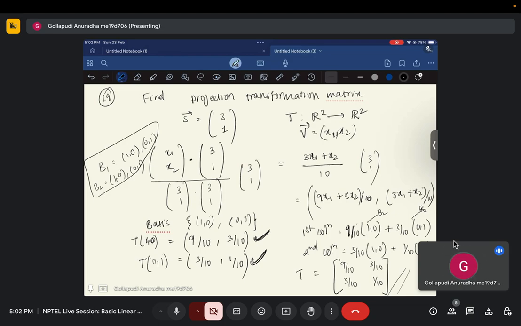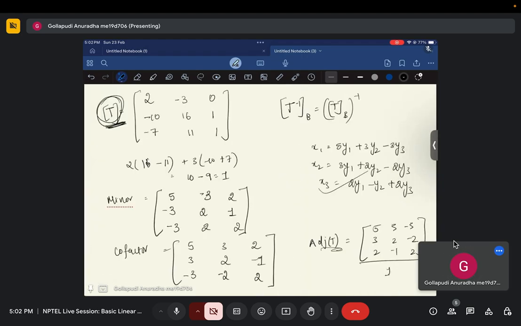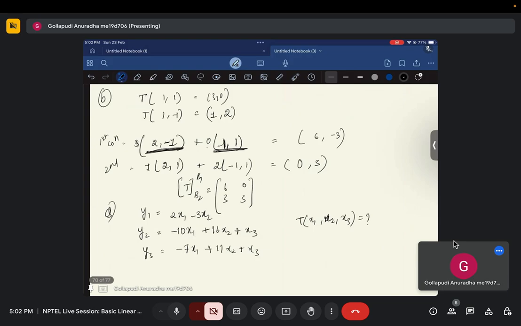For the first transformation, if we do the linear combination, we get the first column, and for the transformation of the second vector, if we do the linear combination in terms of the other basis, we get the second column. I think we did the same thing in this question.